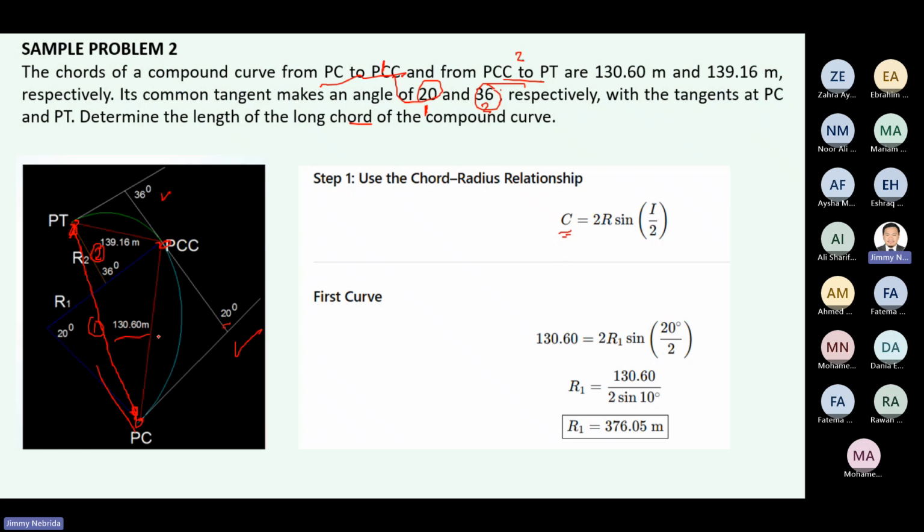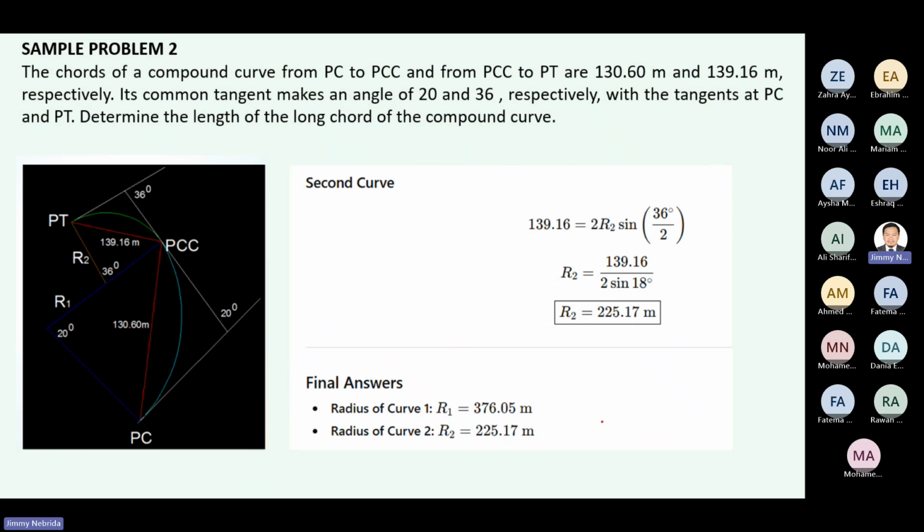So, for example, in the first curve, this is the chord of the first curve, 130.6. You use here radius 1, and then I1 is 20 over 2. You can have radius 1. Now, the radius 2 here, C is 139.16. It follows that you have also here R2. 36 is given. You can have R2. These are the radii for the two curves.